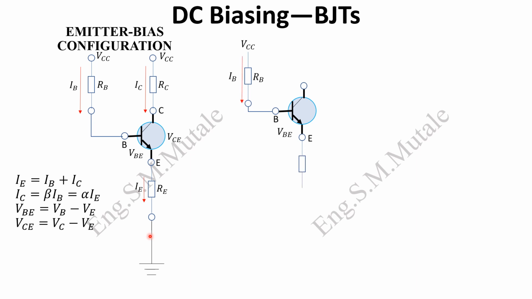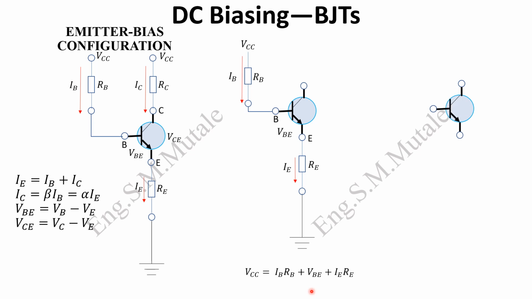And then as it goes to the ground, it will pass through a resistor connected to the emitter, which is RE, which has the current IE like that. So we have that, and then that's when it will go to the ground. So from here, we can derive an equation. We know that from VCC, there will be a voltage drop there, which is IB RB, and then a voltage drop there, which is VBE, and there's going to be a voltage drop there, which is IE RE. So if you write that in terms of an equation, this is the equation you have: VCC equals the summation of those voltage drops.